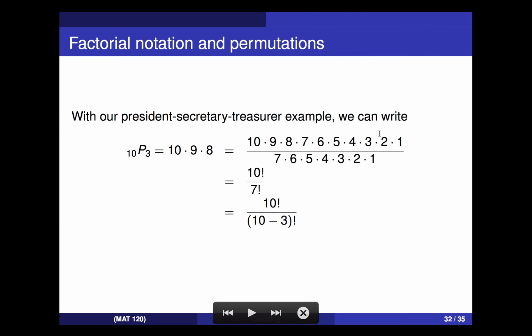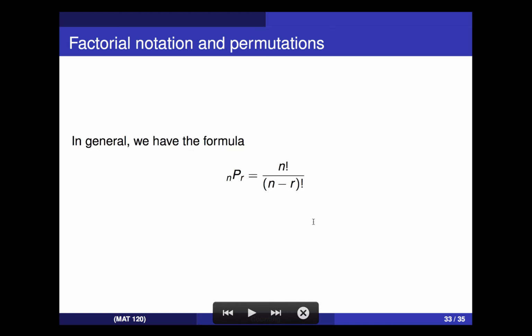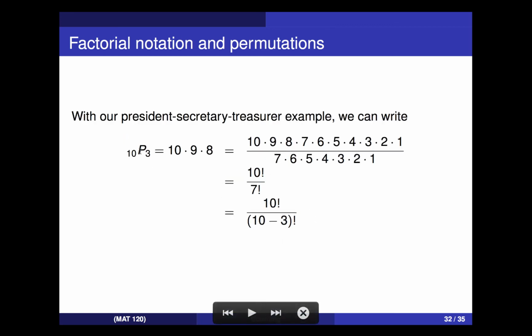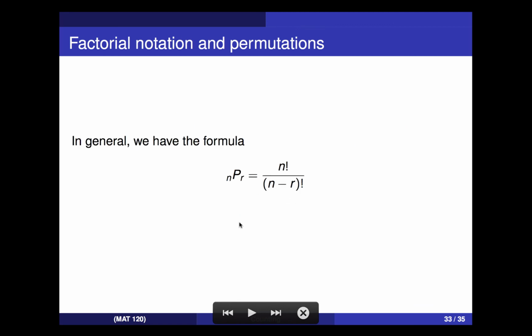But now what I have on top is 10 factorial, and what I have on the bottom is 7 factorial. So it's 10 factorial over (10 minus 3) factorial, since 10 minus 3 is 7. So it's nice because 10P3 can be written as a formula where 10 and 3 both occur in the formula. So in general, here's how the formula works.